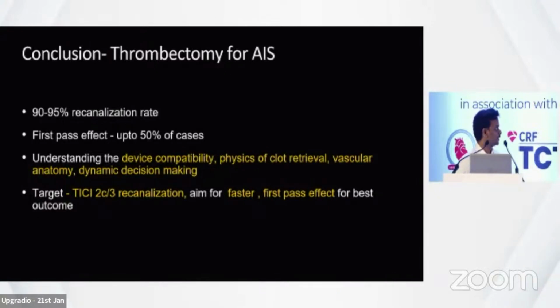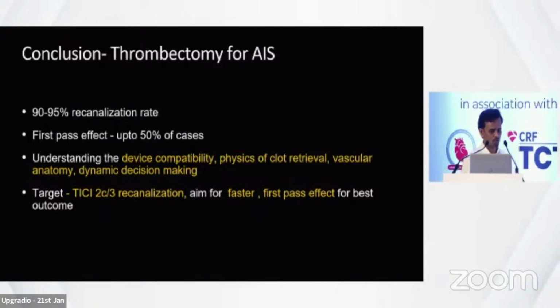a correct patient. And once we venture into it, we should know about device compatibility, and the physics of the clot, whether it's fibrin rich or thrombin rich, by seeing the image. Vascular anatomy, decision making, and planning will all come into the picture.